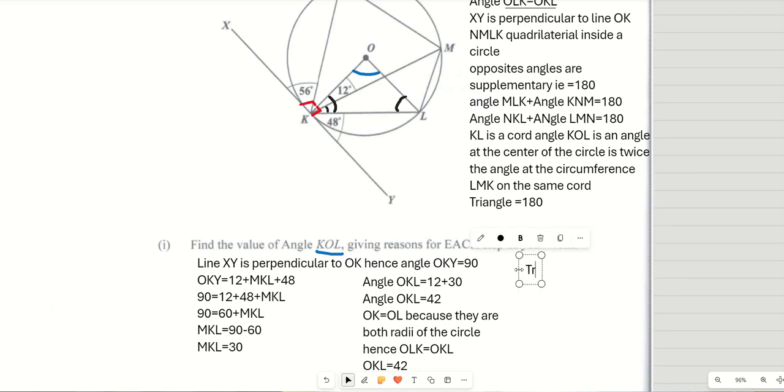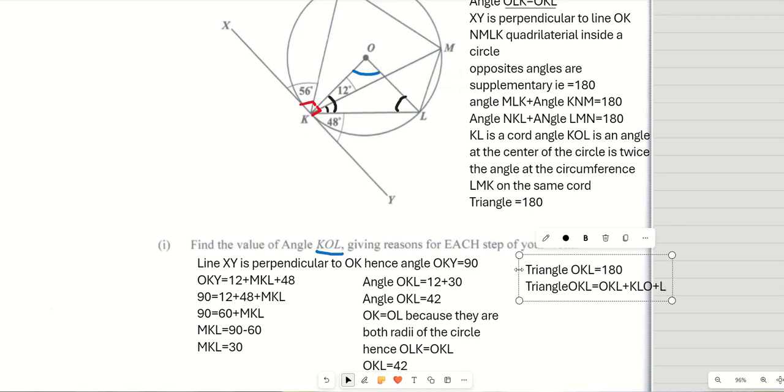So triangle OKL is equal to angle OKL plus KLO plus LOK, also known as KOL.